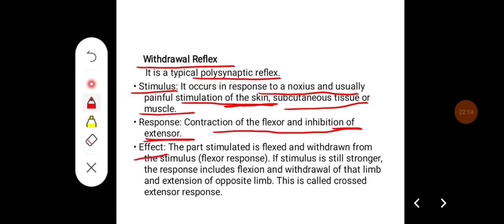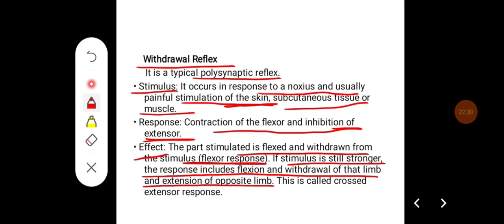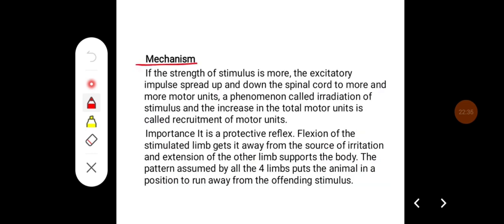The effect is that the part stimulated is flexed and withdrawn from the stimulus, that is, you see a flexor response. If the stimulus is still stronger, the response includes flexion and withdrawal of that limb and extension of the opposite limb, and this is called the cross extensor response mechanism.